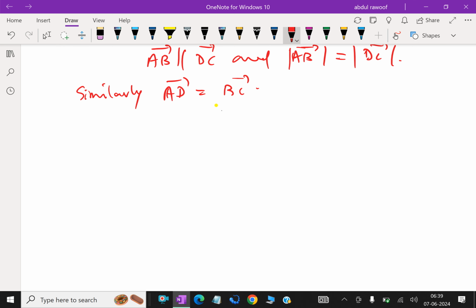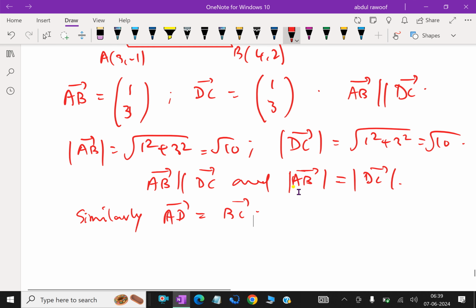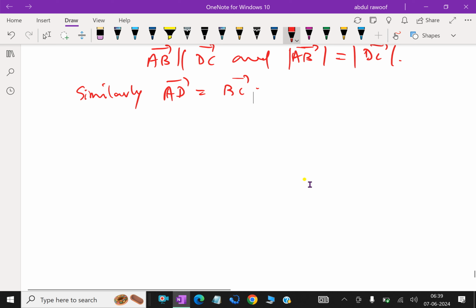Both vectors are the same by using the same method as follows here. Then we can say quadrilateral ABCD is a parallelogram.